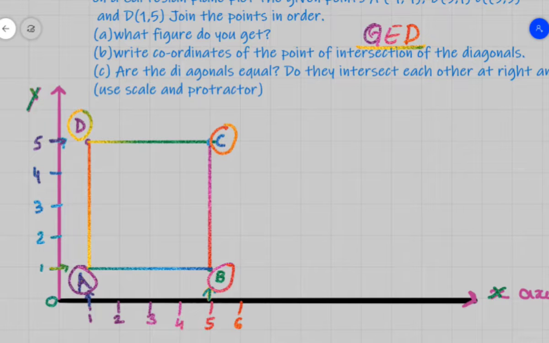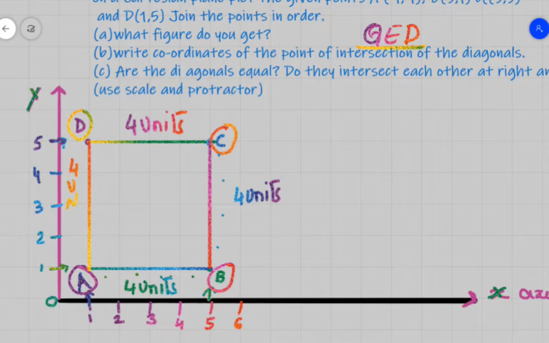See, AB is how many units? You can see from here 1, 2, 3, 4 units. AB is 4 units. And BC 1, 2, 3, 4. BC is also 4 units. So now from here you can say this is also 4 units and this one is also 4 units.